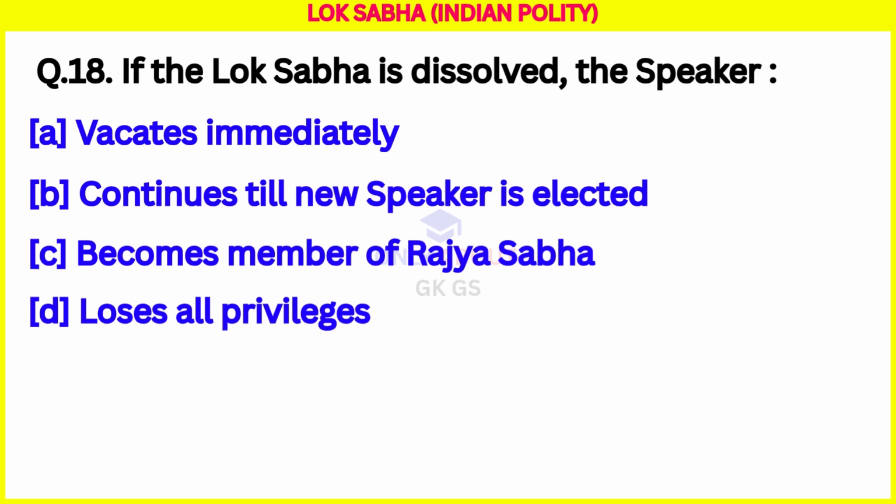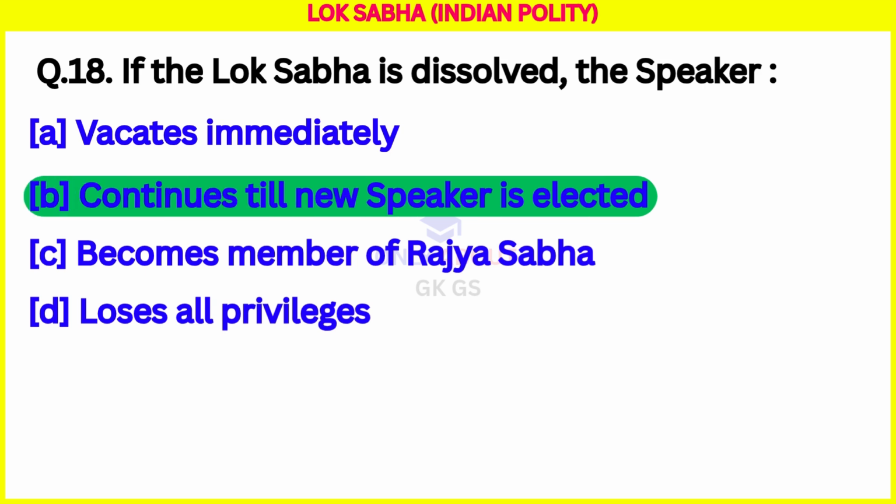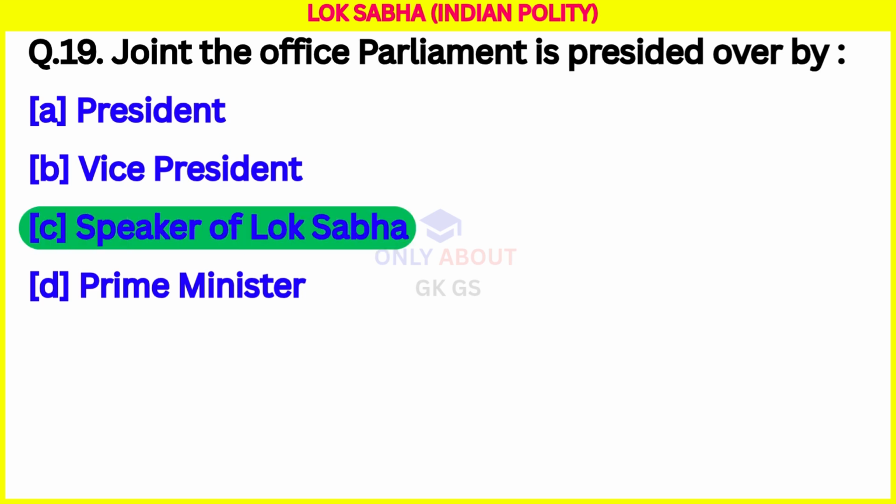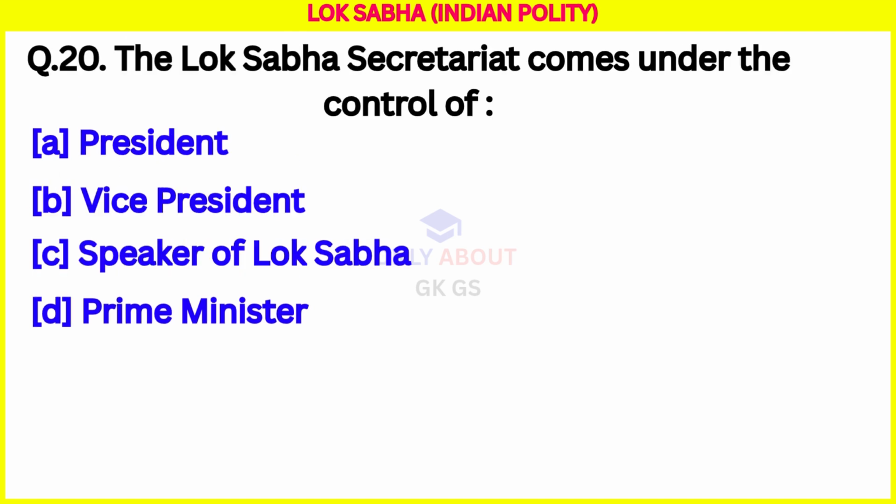Next question. If the Lok Sabha is dissolved, the Speaker? Correct answer continues till new Speaker is elected. Next question. Joint sitting of Parliament is presided over by? Correct answer Speaker of Lok Sabha. Next question.